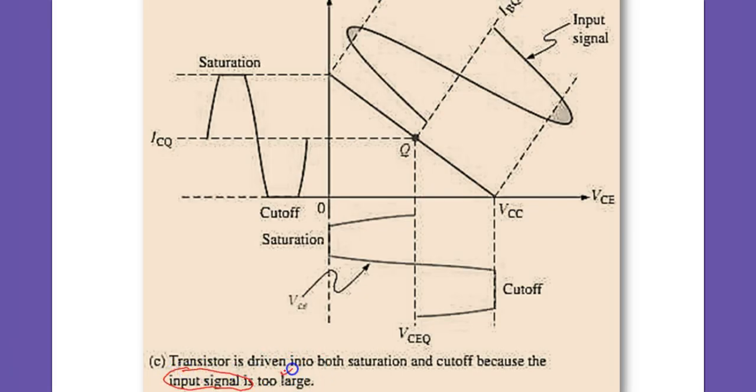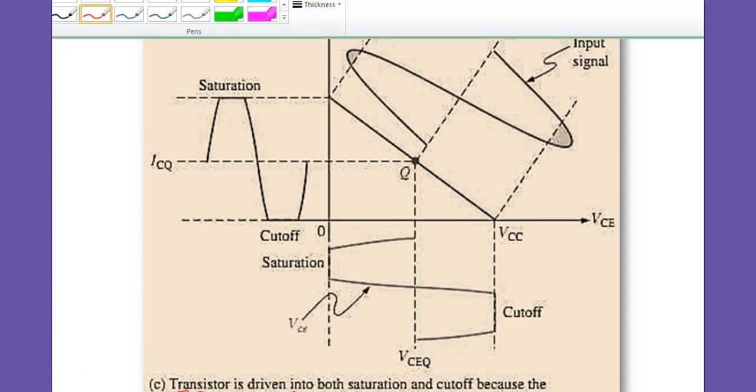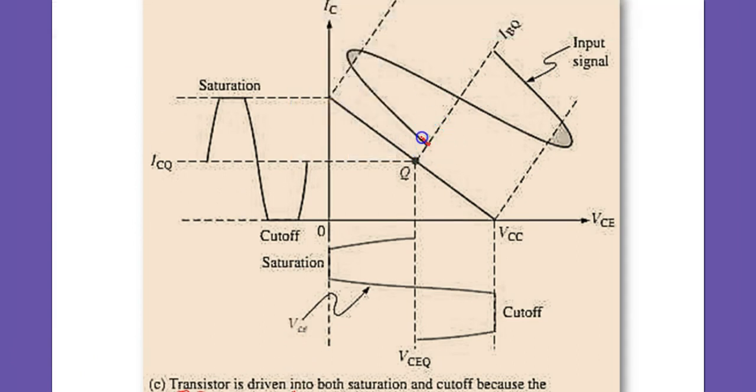Now here there is a problem that the input signal is very large. The Q point is at the center of the load line, no problem, but the input signal is large. So what happened then? If the input signal is large, this portion goes to saturate. And in exactly the same way for the collector emitter voltage, some part is cut.